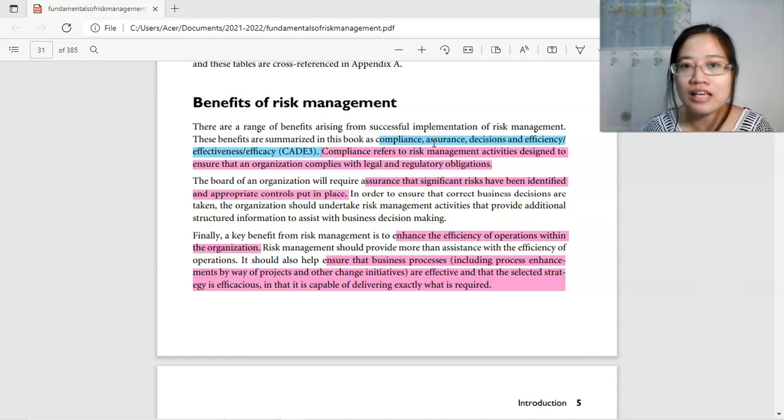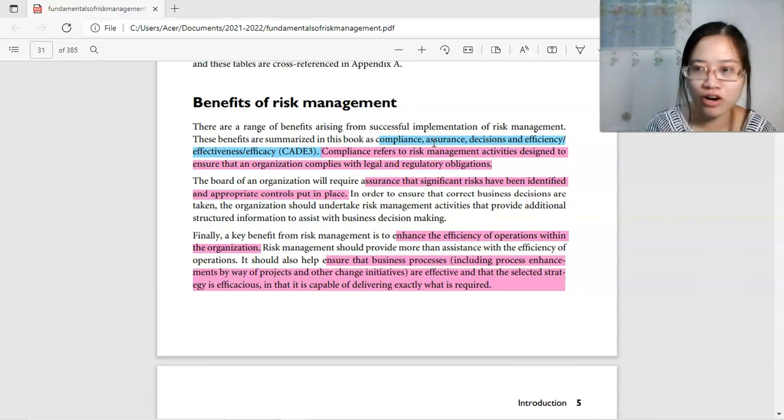So, by implementing a risk management, they are assured that, kumbaga, they would not experience the worst case scenario and that they are prepared for it. Okay, or they have a plan in place already to prevent that from happening. Okay, so it's an assurance then.